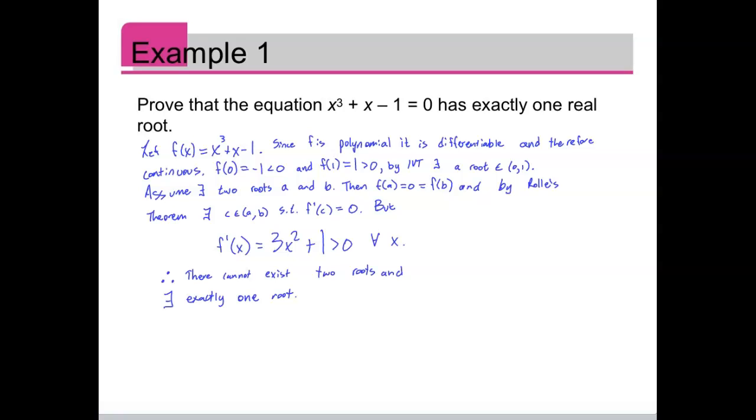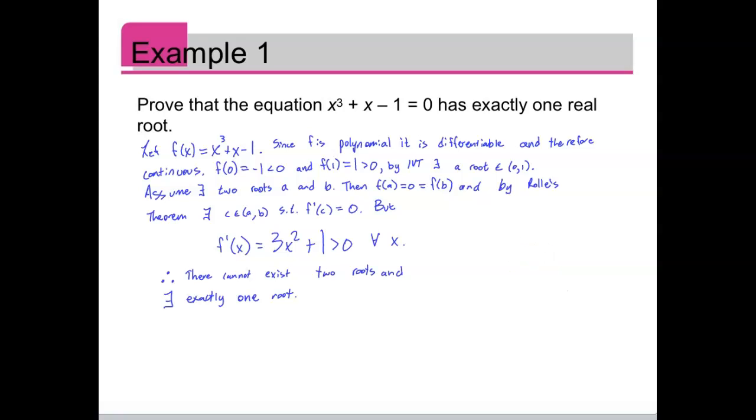So that's why if you set it equal to 0 and try and solve, so if I do the 3x squared plus 1 equals 0 and try and solve, I end up with x squared as negative 1/3, which is not a real number, right? There are no real values that would solve for that. We end up with an imaginary solution there.